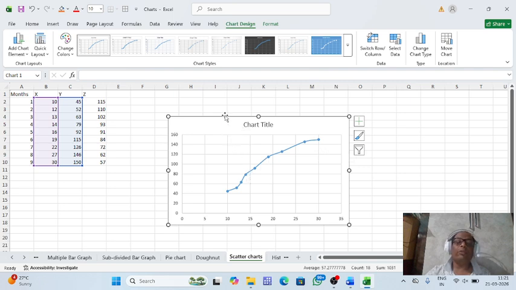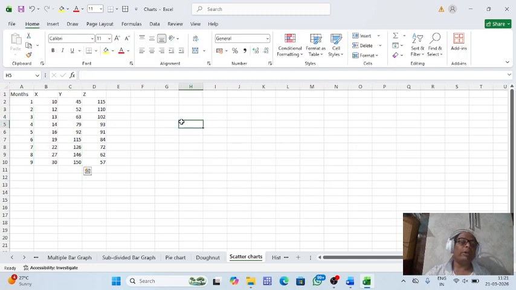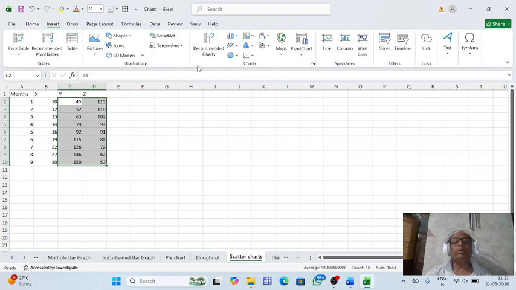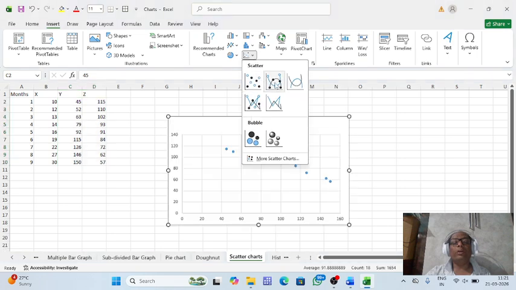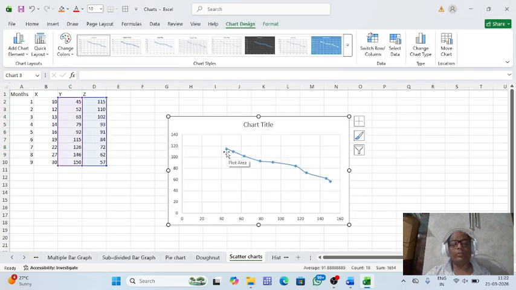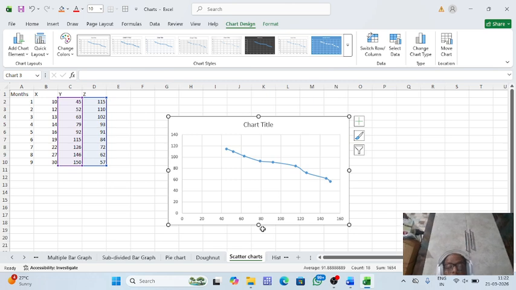Now similarly, if we draw x and z, or y and z, suppose we select x, y and z and draw it in a scatter chart. Again, you can see that the value of y's price is given on the x axis, whereas the value of z's price is given on the y axis.